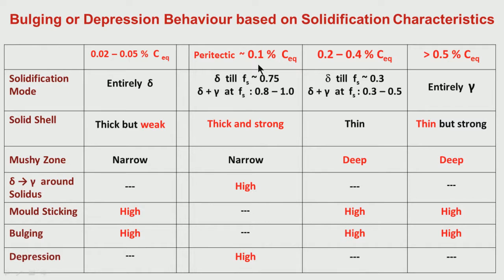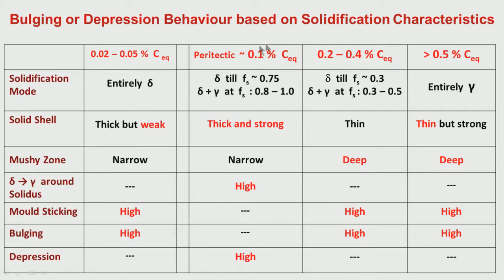Now, let us see what is happening for a carbon concentration, what we call the peritectic, that means around 0.1% carbon. I am telling it is around 0.1, but actually it is maybe 0.07 to say 0.17 carbon or carbon equivalent depending on whether you are talking of plain carbon steel or low alloy steel.